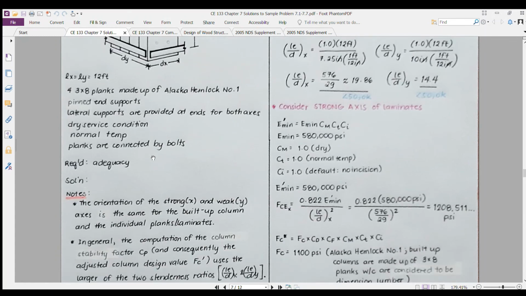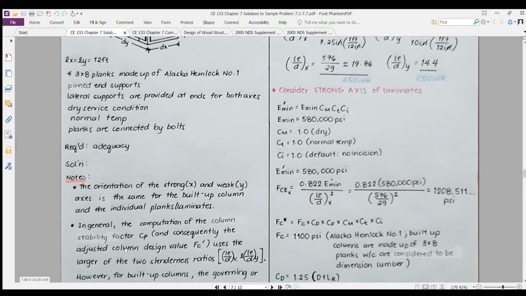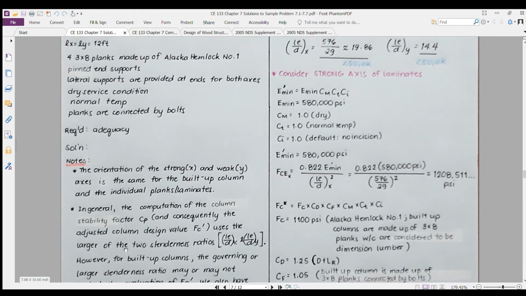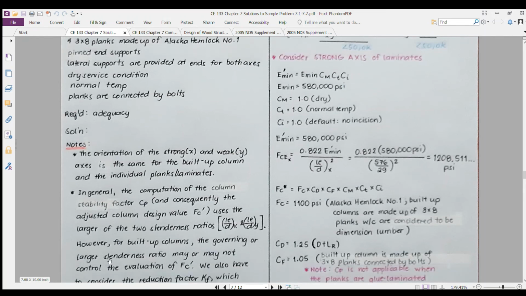Next, the general computation for the column stability factor C sub p, and consequently the adjusted column design value F c prime, uses the larger of the two slenderness ratios, L E over d sub x and L E over d sub y. However, for built-up columns, the larger slenderness ratio may or may not control the evaluation of F c prime.